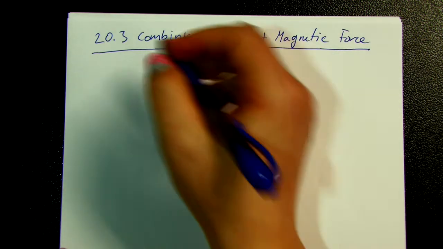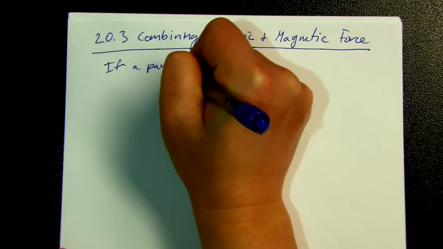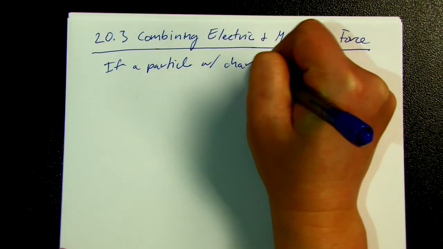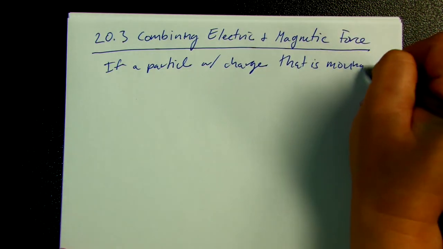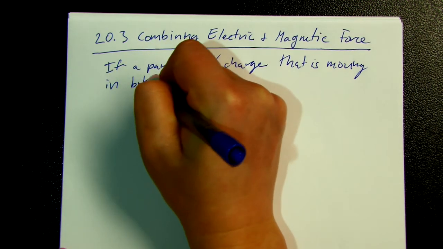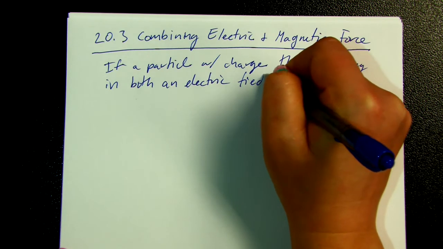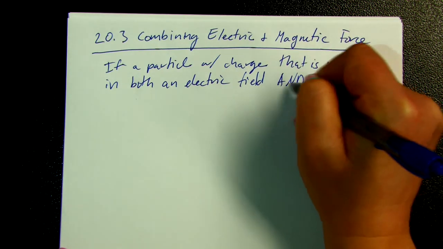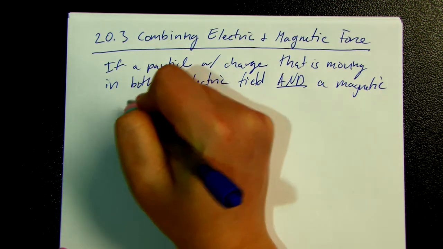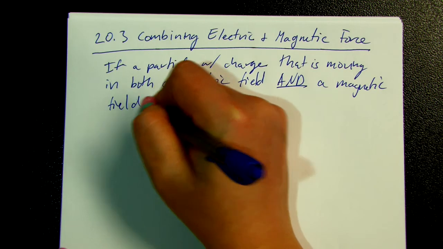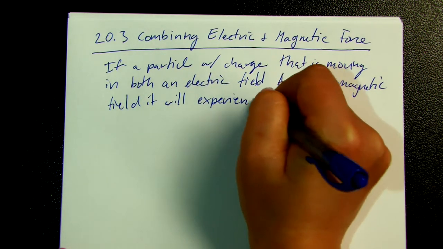All right, so it would make sense that if we have a particle with charge that is moving in both an electric field and a magnetic field, it will experience a force from both.